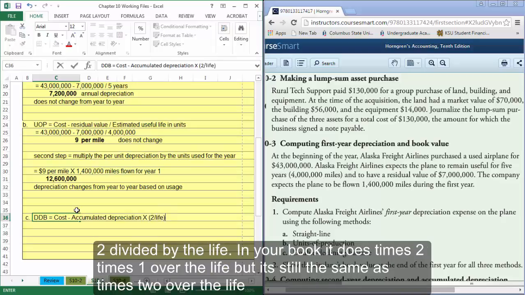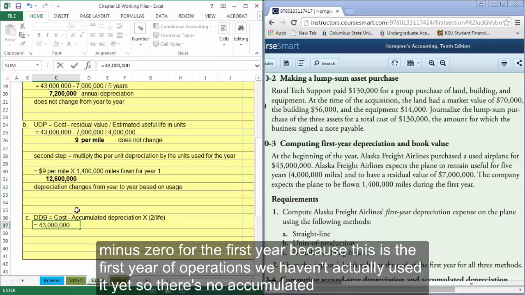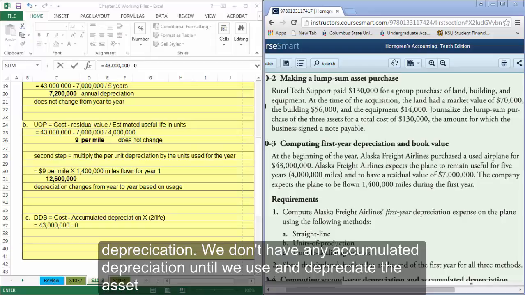In your book it does times 2 times 1 over the life, but it's the same as times 2 over the life. In this example, we take the 43 million minus 0 for the first year, because we haven't actually used it yet, so there's no accumulated depreciation.